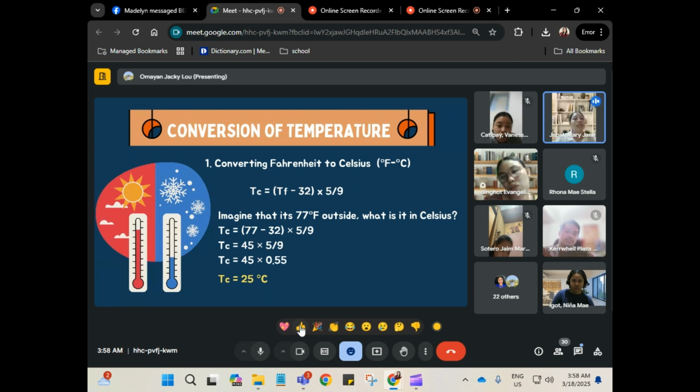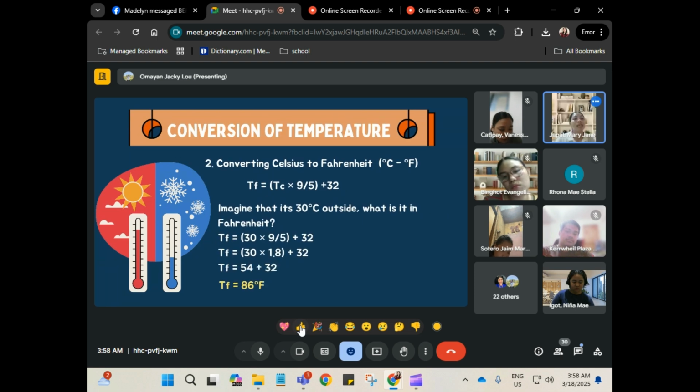Now, next slide, Jackie. So this time, we will be converting Celsius to Fahrenheit. Class, here is the formula: temperature in Fahrenheit equals temperature in Celsius times 9 over 5 plus 32. Now let's imagine it's 30 degrees outside. What is it in Fahrenheit? The temperature in Fahrenheit equals 30, because it is 30 degrees Celsius, times 9 over 5 plus 32.